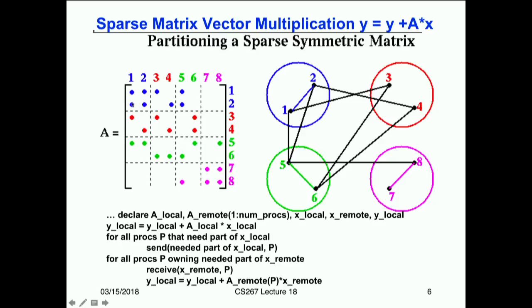Whenever there is an entry outside the diagonal block, there needs to be some communication. Why? Because 1 and 2 are owned by processor blue, and it needs to get access to vertex 3 because there's an edge between 1 and 3. And it needs to get access to vertex 4 because there's an edge between 2 and 4. So anything that's off the diagonal block and non-zero requires one communication.